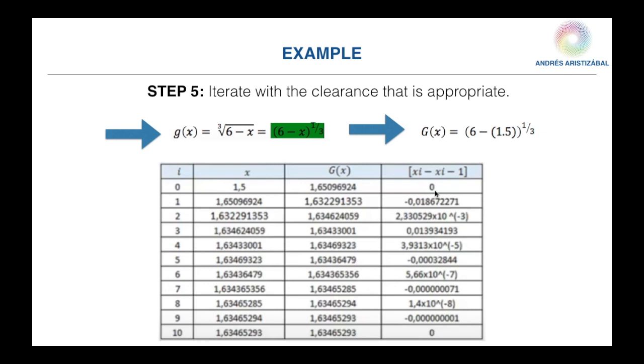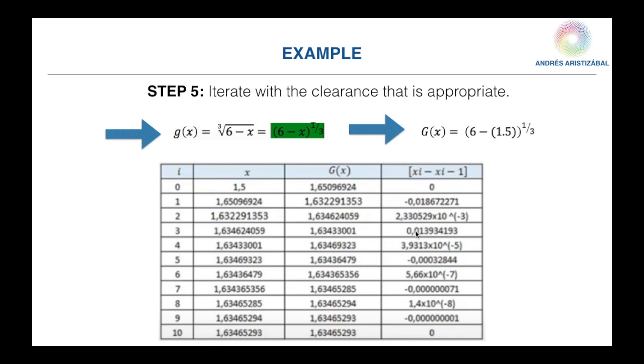In this column, we have the sequence. How do we obtain it? We set the first value to 0, as you can see here. The next value is obtained by subtracting 1.6322 minus the previous 1.6509, and we obtain minus 0.0186.